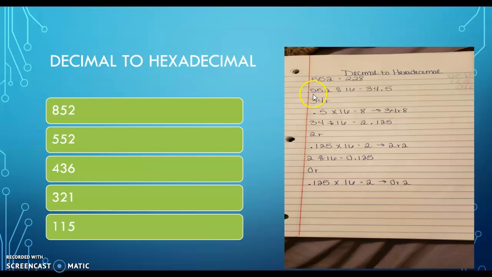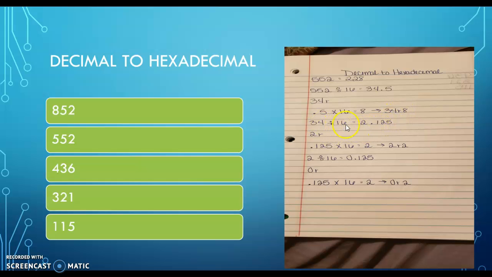I took 552 and divided it by 16, which gave me 34.5. 34 is the whole number, and we just need the remainder. Next, I took 0.5 and multiplied it by 16, and it gave me 8. So the answer here is 34 remainder 8.